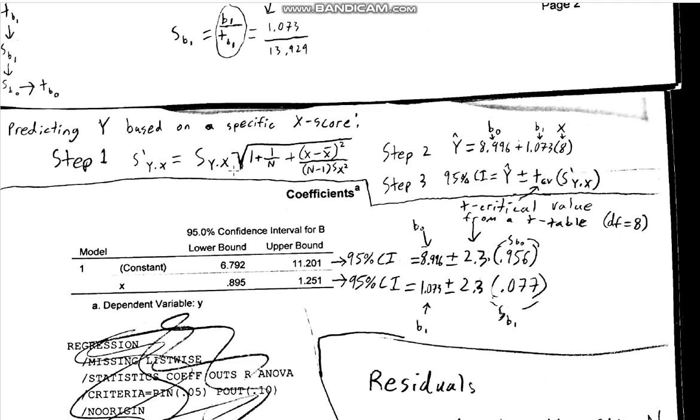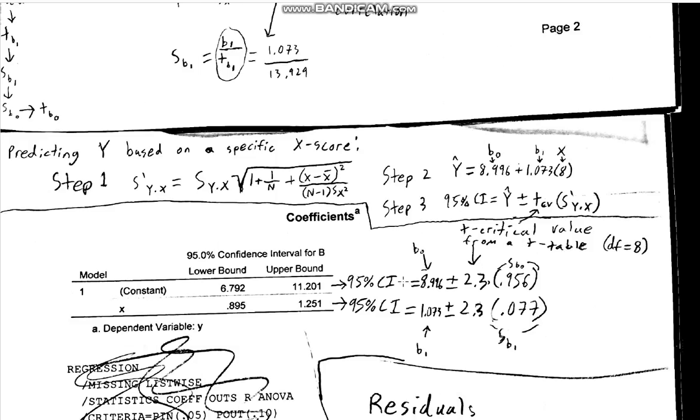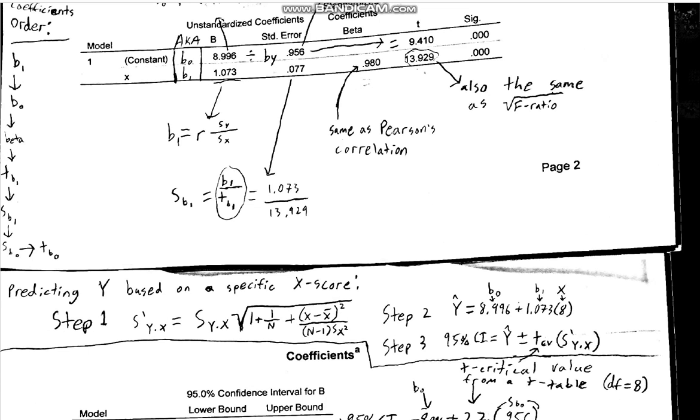So not the standard error of the estimate, but the standard error of the prediction. And once you add that, that'll be your upper limit, and when you subtract that, that will be your lower limit, just like in this table here. So that should be everything. Yeah, that's the assignment. All right.